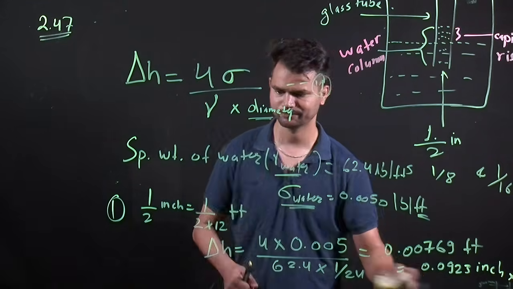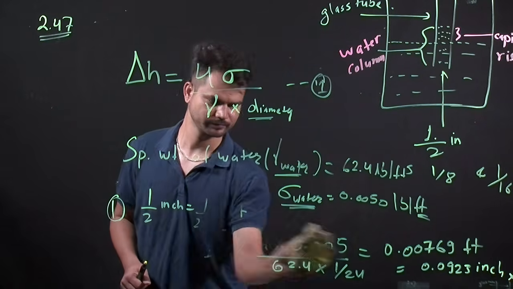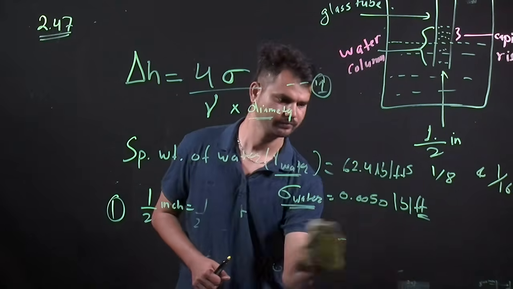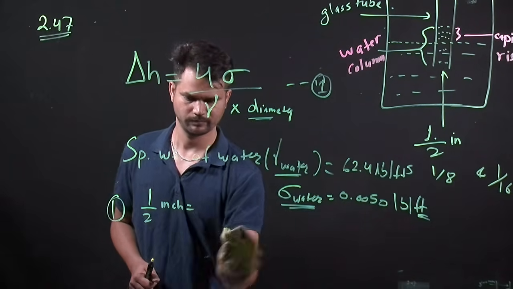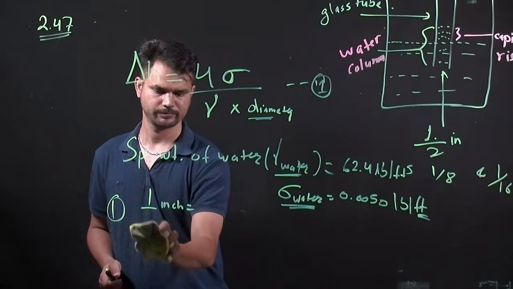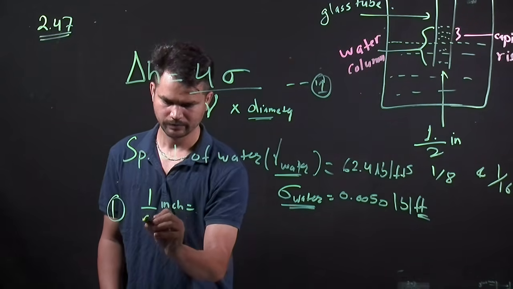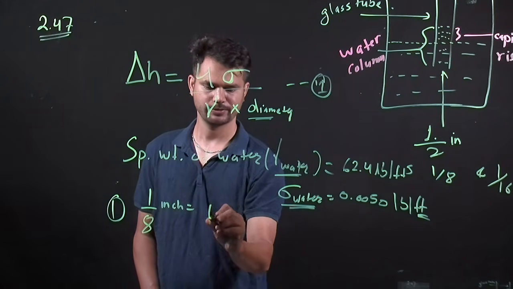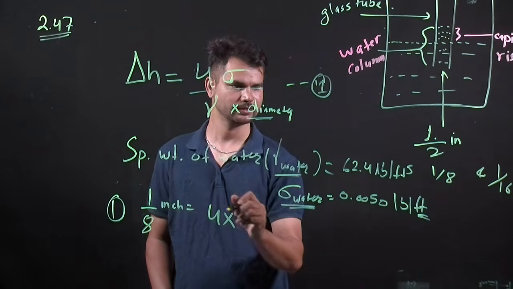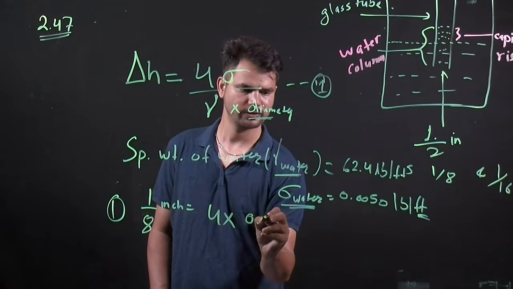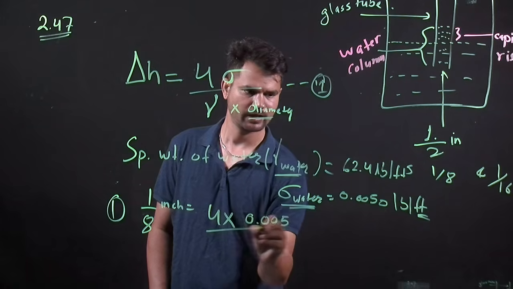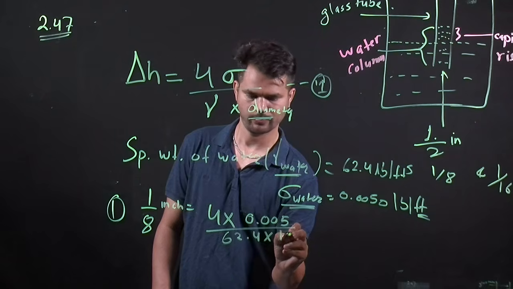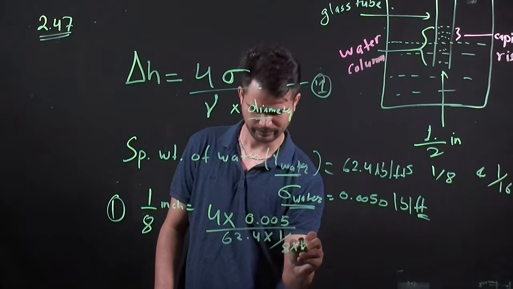We already have 4 times the surface tension 0.005 and 62.4 into 1 by 8 into 12.